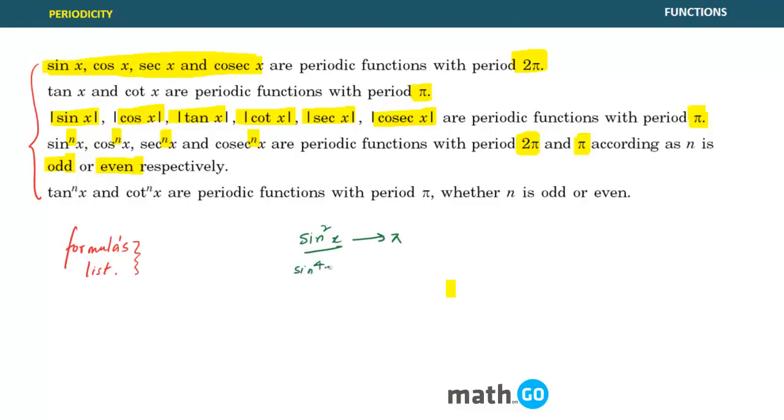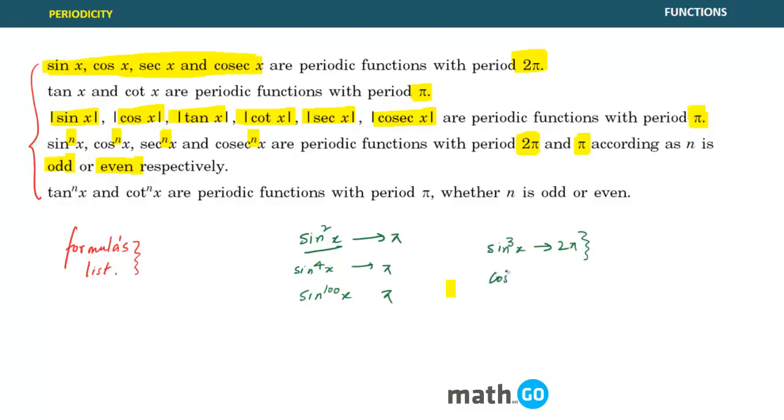If somebody asks you the period of sin⁴x, the answer is again π. Even for sin¹⁰⁰x, the answer is π. And similarly, if somebody asks you the period of sin³x, you know the answer is 2π. Don't worry about it, just remember this.